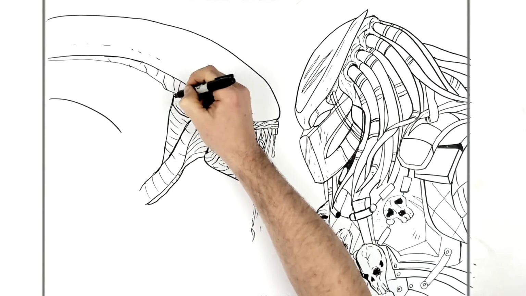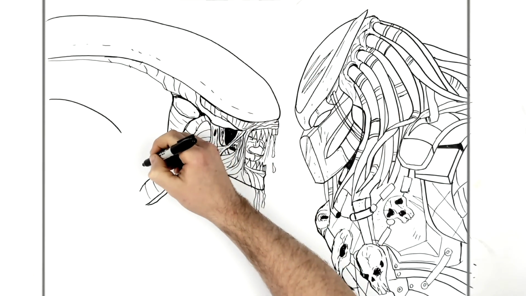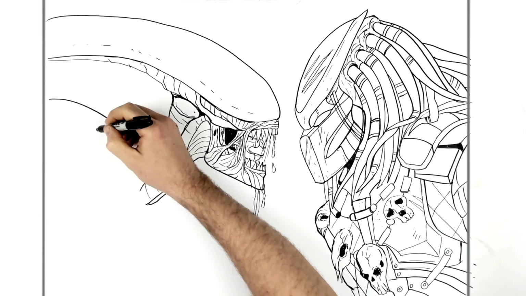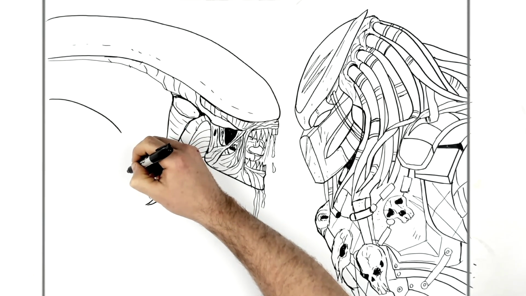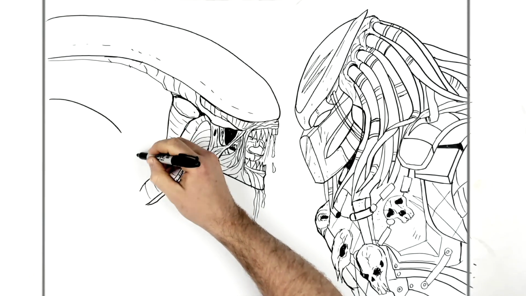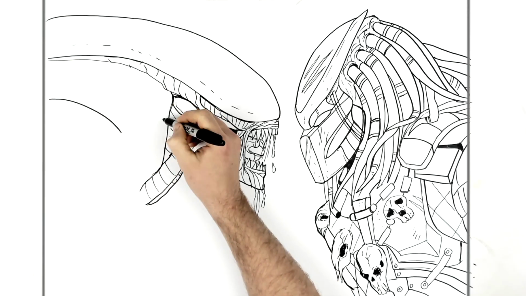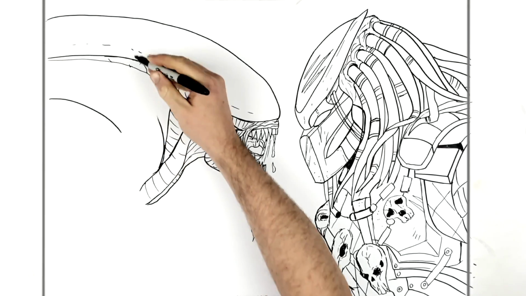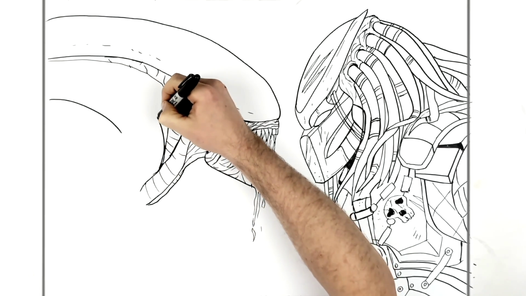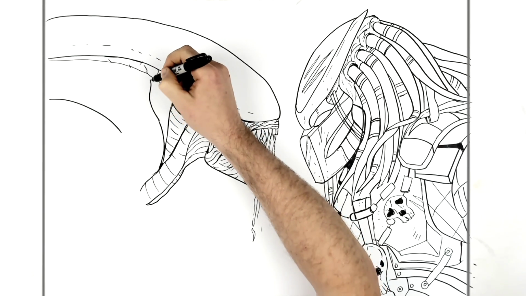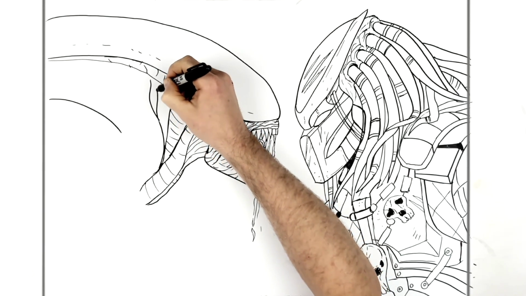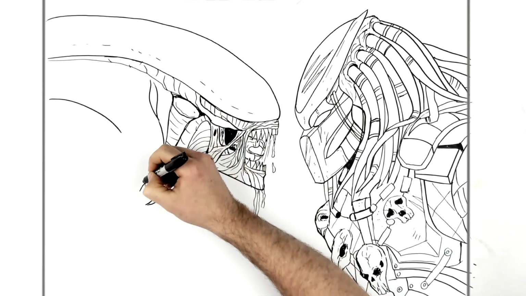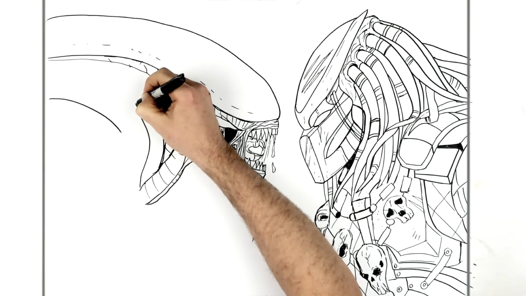Right, so that's that one. And then another one. Big one. 2 more. 3 more. There. Another one in here. Another edge to it here.